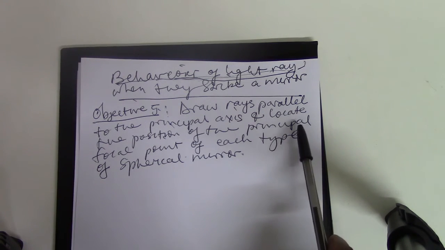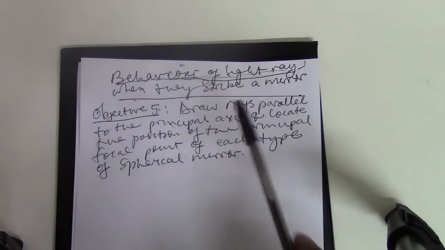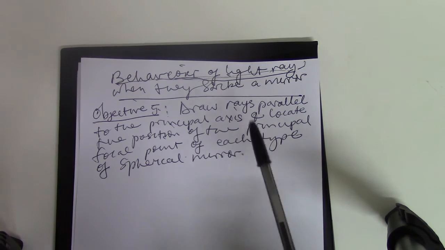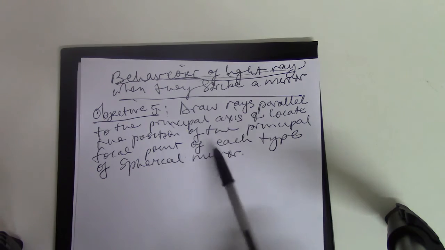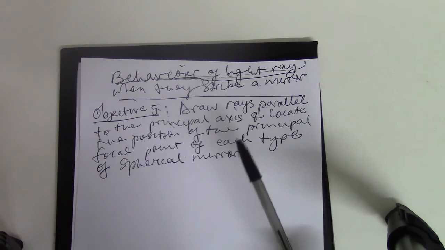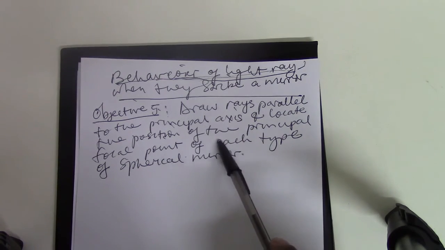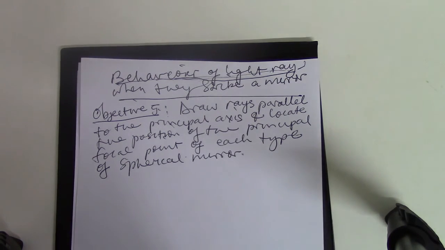So we must be able to use the parallel rays incident on the mirror to identify the focal point of the spherical mirror. This is the whole point, and this is for both convex and concave mirror.